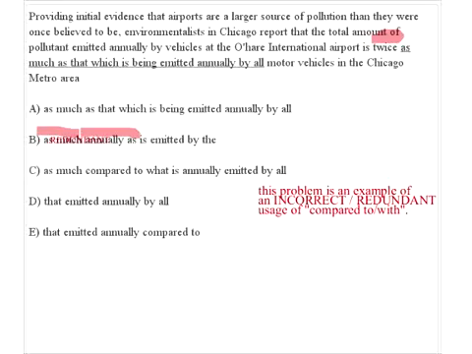Same thing here, you can't say "twice compared to." This is also redundant. Okay, we're not going to go through the rest of this problem, but the answer here is D. This problem is on our forums if you want to see the rest of what's wrong with it. But the illustration here is just the "compared to."